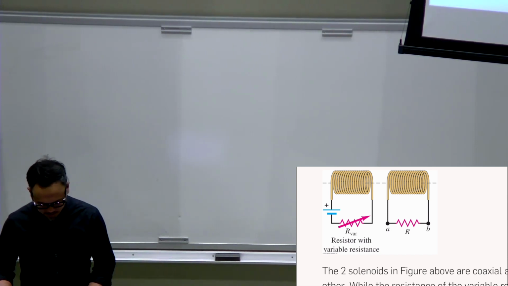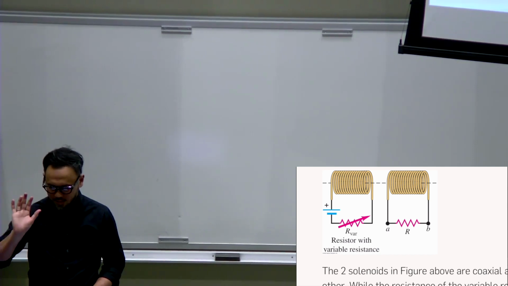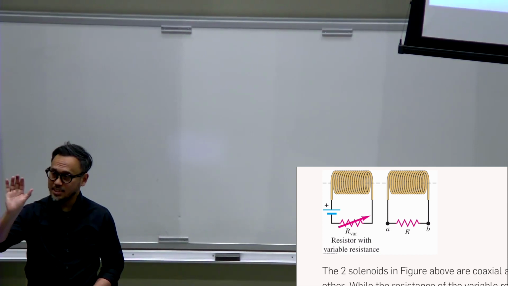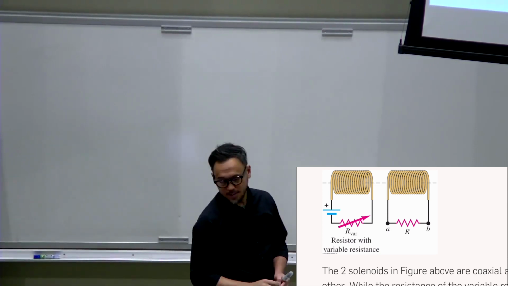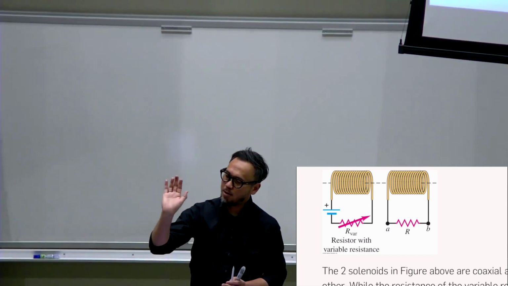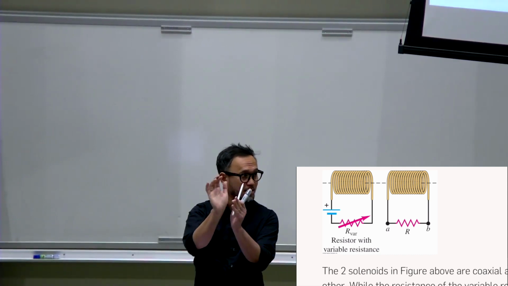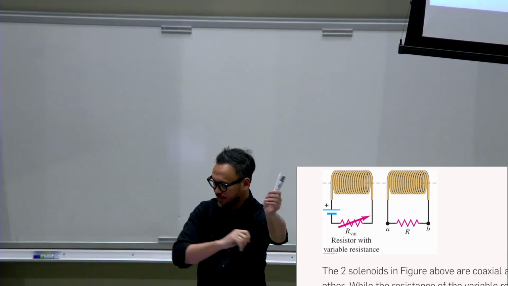Second, you need to know the right-hand rule, and all of you should know that the direction of the current is the way you curl the fingers of your right hand. Don't use your left hand. Okay.